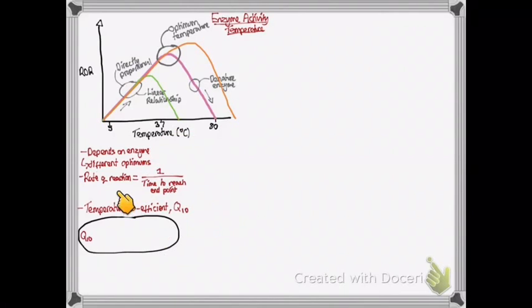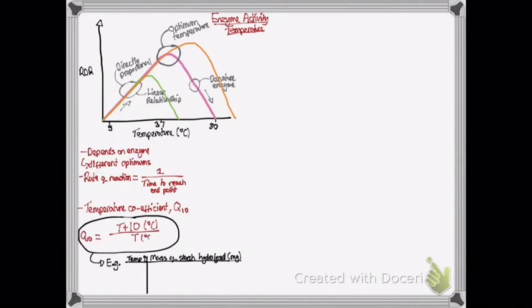These two equations: rate of reaction equals 1 divided by time to reach the end point. To work out the temperature coefficient, we do T plus 10 divided by T, and both the answers in degrees C. So what this equation basically means is, if we want to work out between 25 and 35, T plus 10 is 35, so 108 divided by T, which is 50.